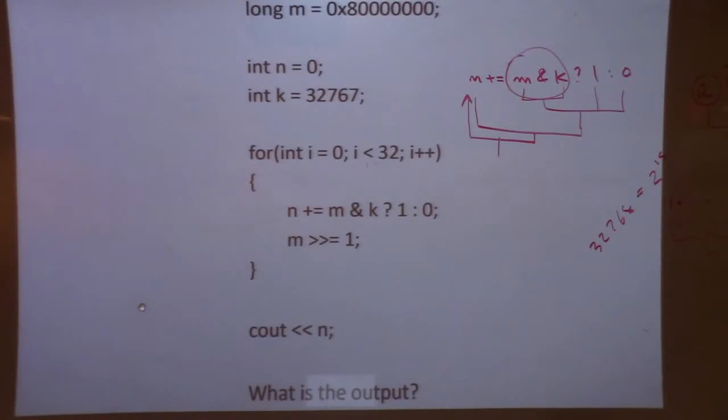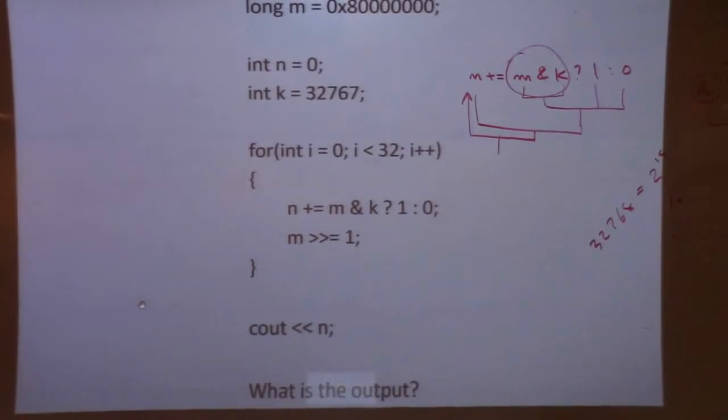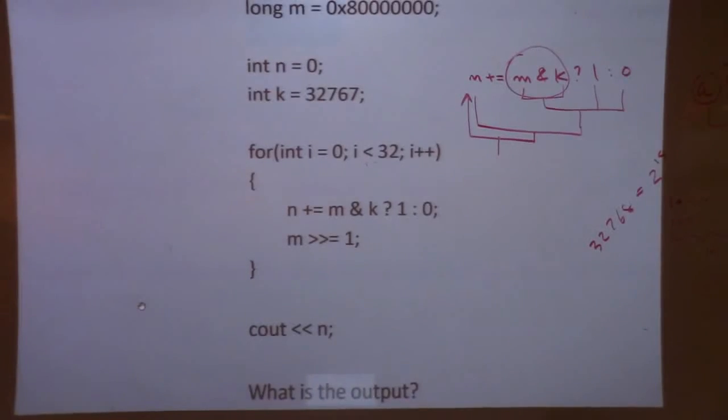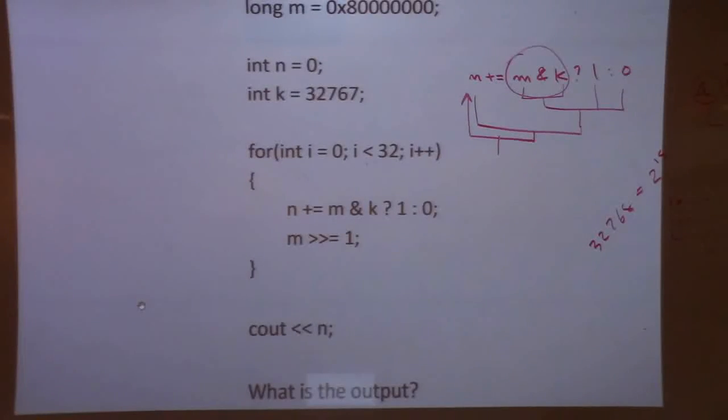And the reason they're all zeros is because m has 31 of them, so they're going to zero out everything on the k side. k doesn't have the 1. So therefore, the value will be equal to?